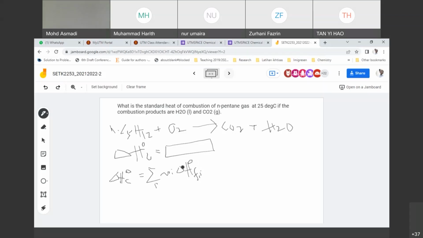You already learned this; refer to the table. Can you calculate? Look at the fractions and then calculate. What is the standard heat of formation of the C5H12, oxygen and also H2O? Okay, good. So please calculate. Give me the answer.